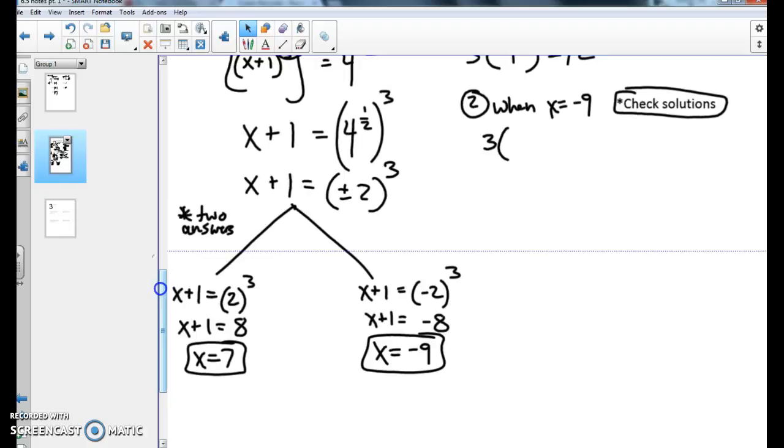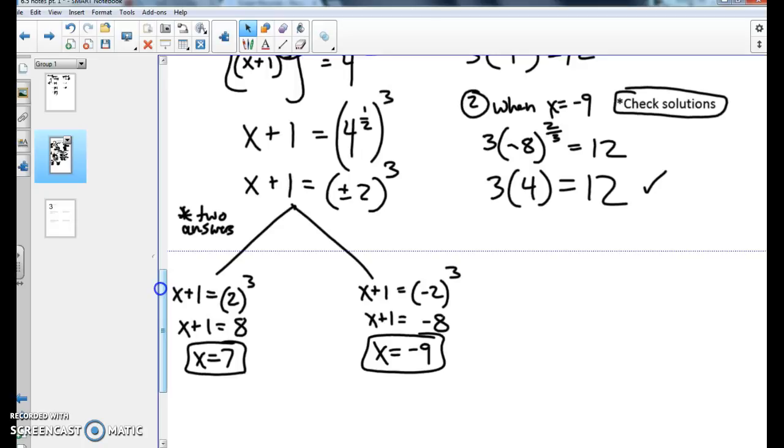Negative 9 plus 1 is negative 8, to the 2/3 power, equals 12. Negative 8 to the 2/3 is also going to equal 4. So 3 times 4 equals 12. Boom. We are in good shape.